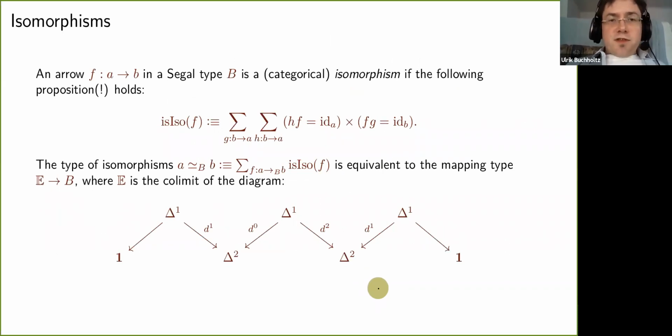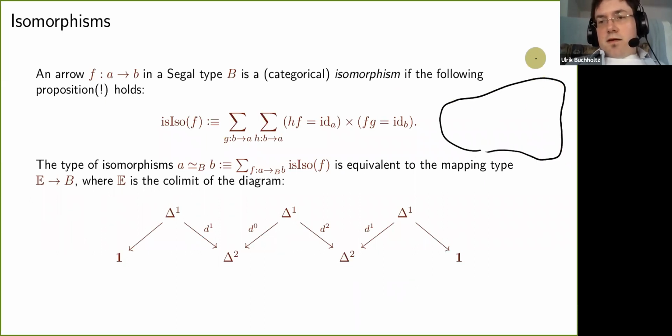Now we talked about morphisms. So let's just say we're working in a Segal type, then an arrow is an isomorphism if this type, which happens to be a proposition, is inhabited. So what is this? You have B as a blob again, and you have an arrow from A to B, f.